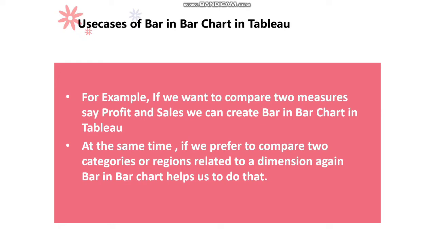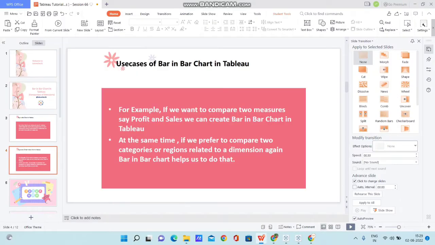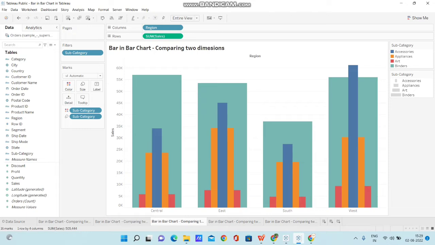Let's get started. Let me open the Tableau Public application and show you how a bar in bar chart looks when we are comparing two dimensions. This is a view I have created to show how a bar in bar chart looks while we are comparing two dimensions or some values related to a dimension.